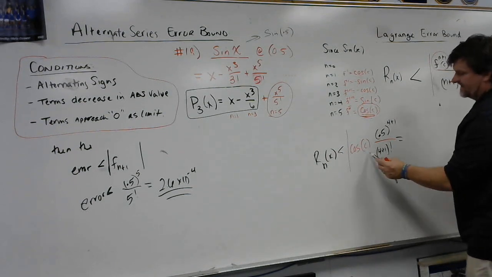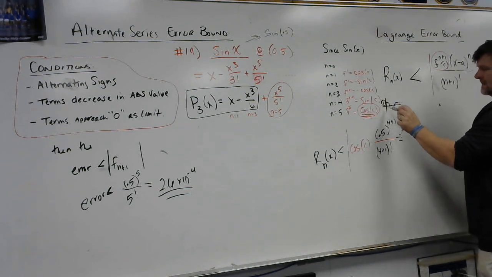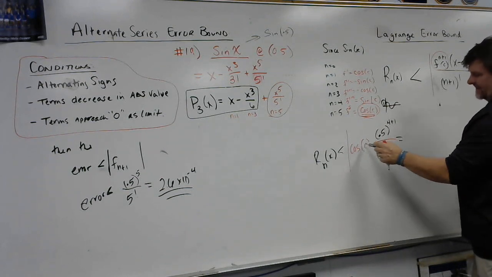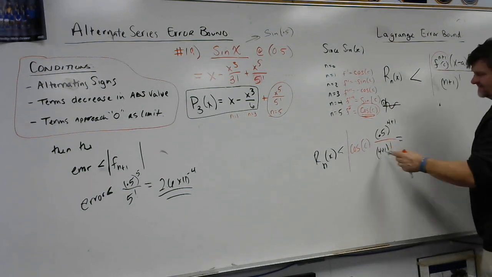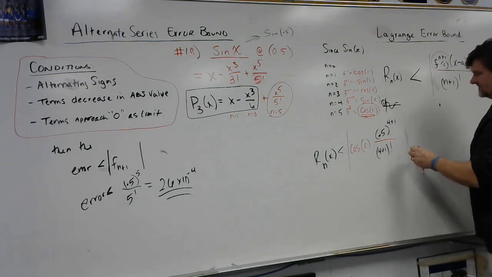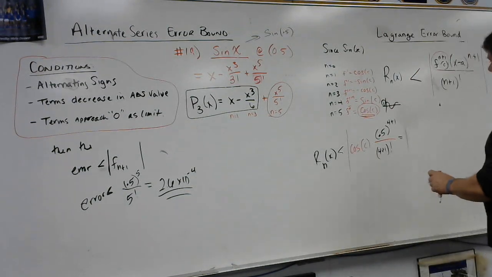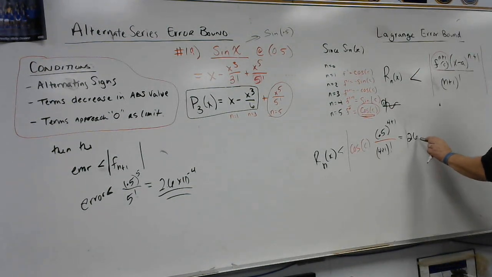So if we look at cosine of c at 0, cosine of c is going to be 1. So therefore, this is going to be 1. So that doesn't really matter, and we end up with the same answer. So we're going to be with 2.6 times 10 to the negative fourth.